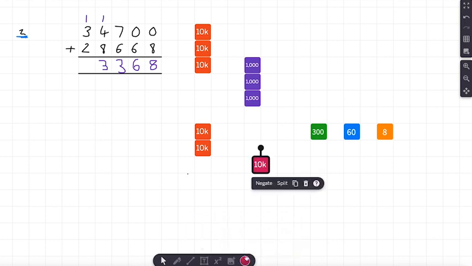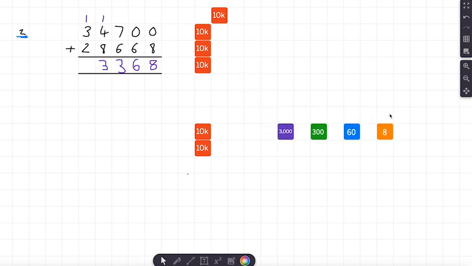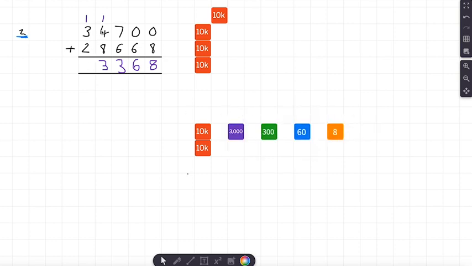There we go. So there's our 10,000. So that's our carried 10,000, and we still have 3,000 as well that will need to go into the thousands column. So here we've got 13, 1, 3. So 1 plus 4 plus 8 gives us 13. So there's the carried 1 and the 3 that's left.